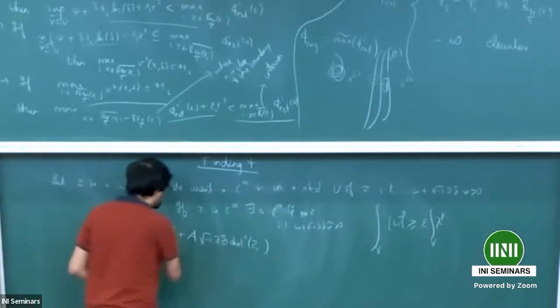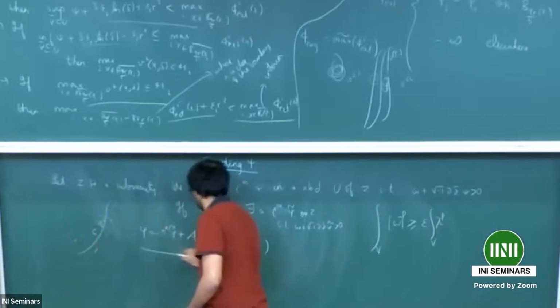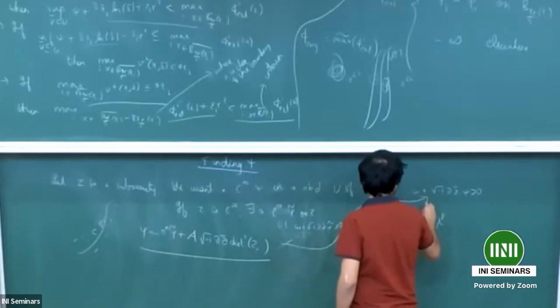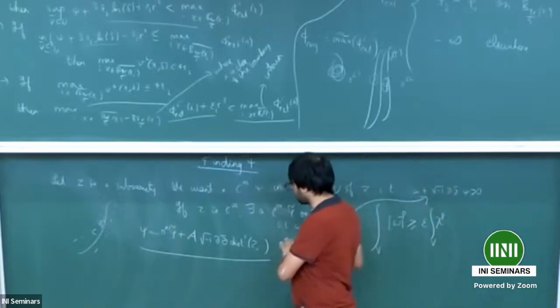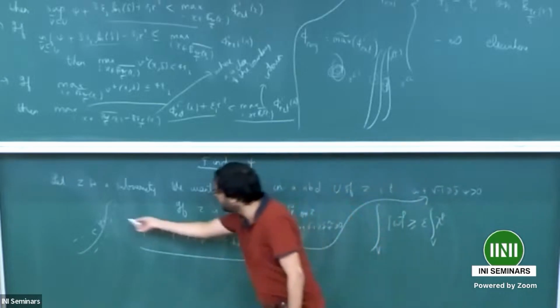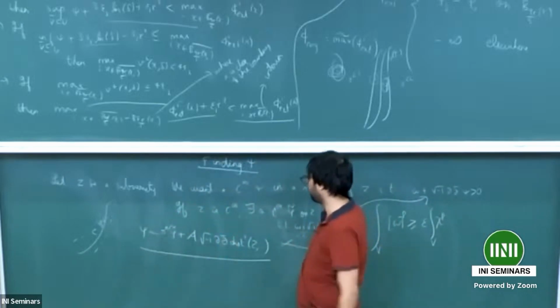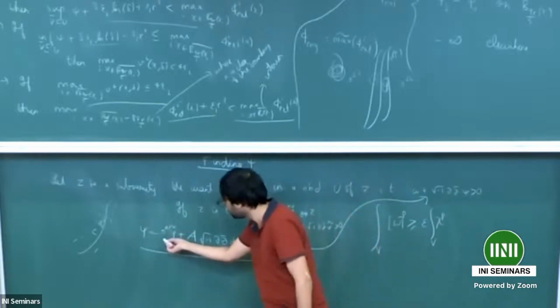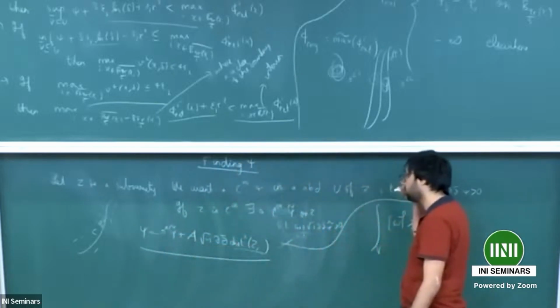In other words, my point is, this works. This satisfies this requirement, provided the neighborhood is chosen to be very small, okay? Such that this is smooth, and this makes sense, and so on.